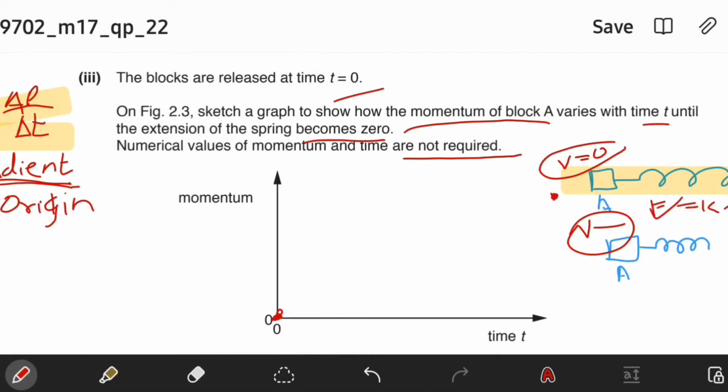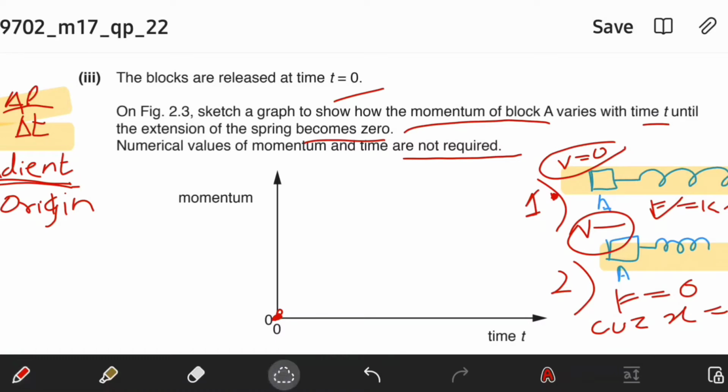While in the second situation, there's no extension, so the force would also be 0 because extension is 0. So in the first situation, the gradient, which is force, is very large, while in second situation, the gradient is almost 0. So from this, we know that the graph is going to be a curve.